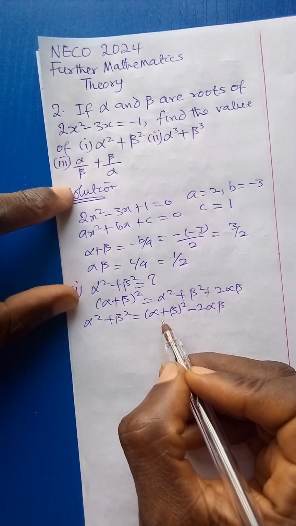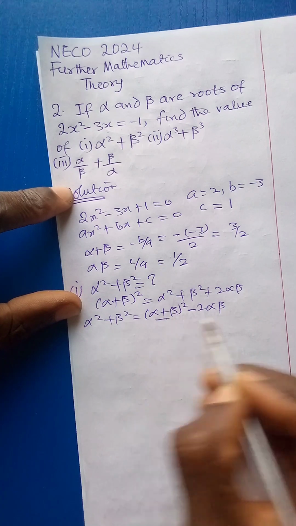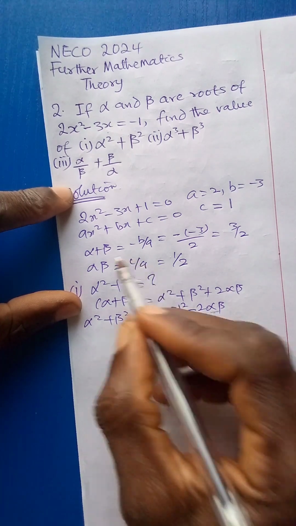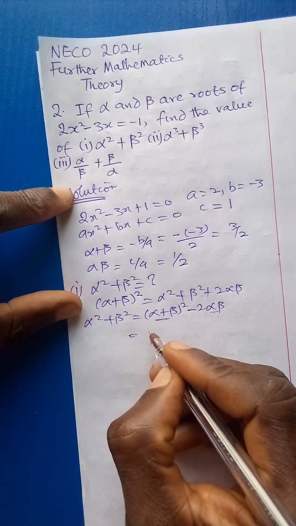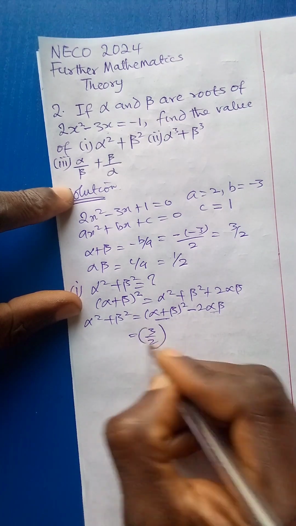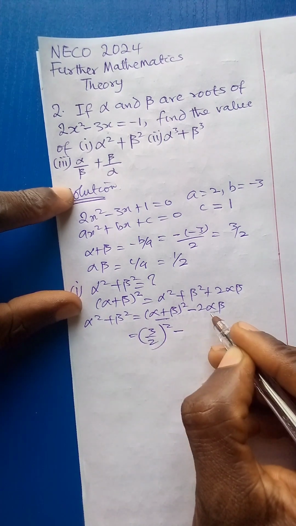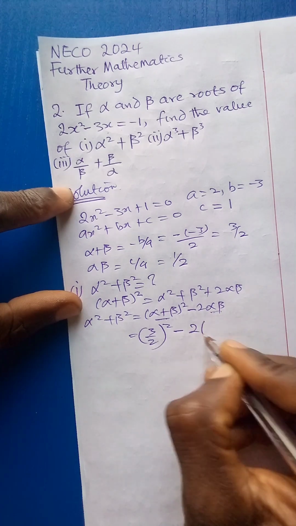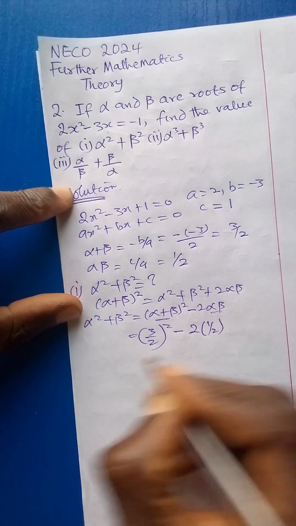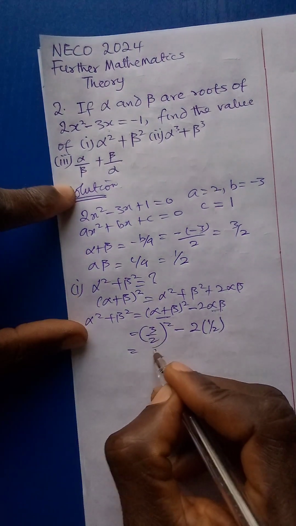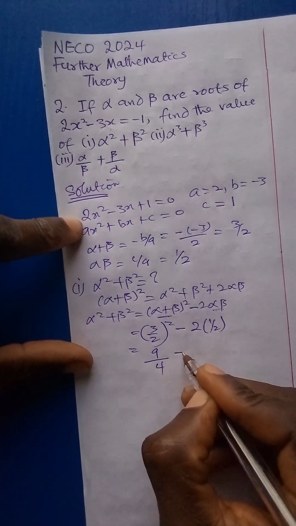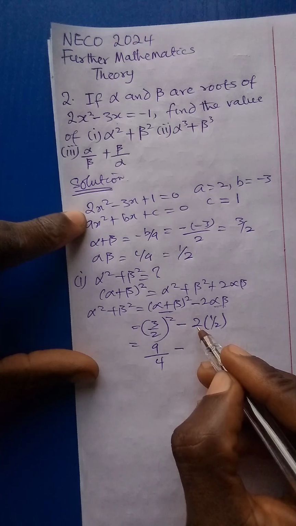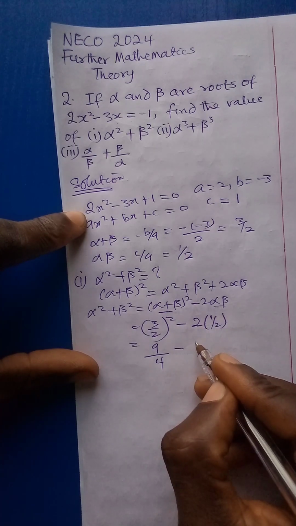Now we see that we have expressions for the sum of roots and the product of roots. So let's put in the values of the sum of roots and product of roots here and here. It becomes 3 over 2 all squared minus 2 times alpha beta, which is 1 over 2. So simplifying, 3 squared is 9, 2 squared is 4, minus 2 times 1 over 2 will give us 1.